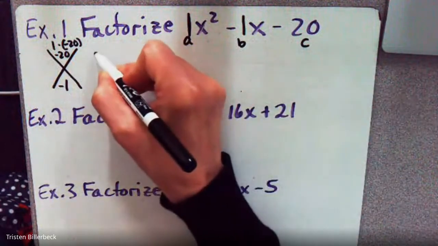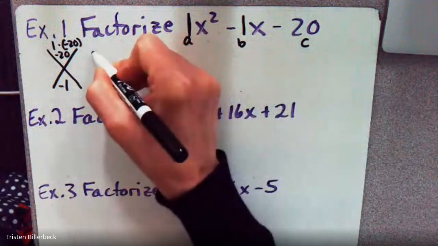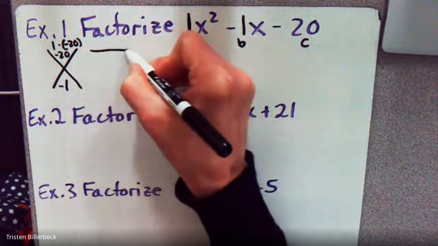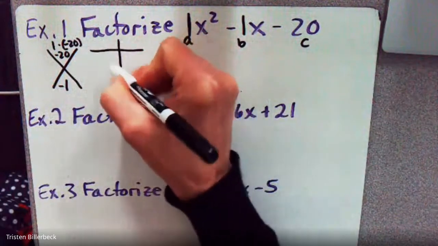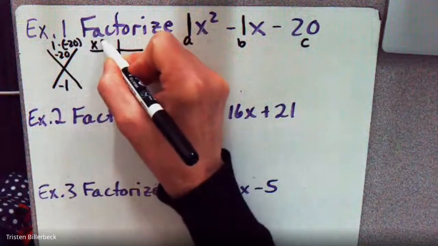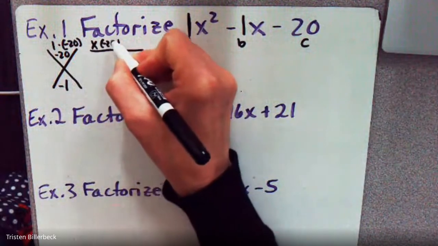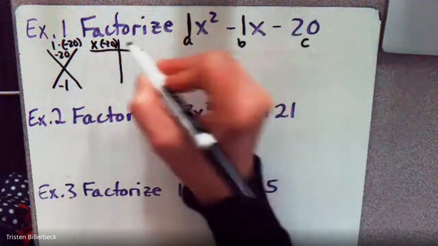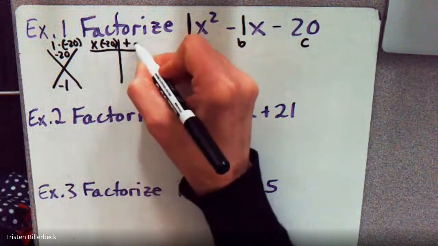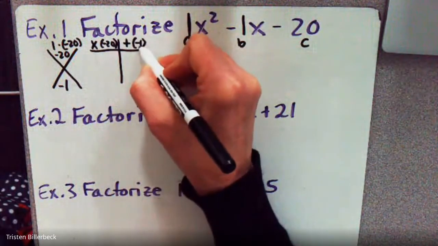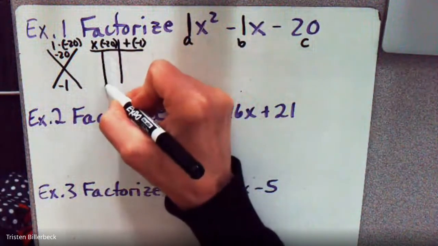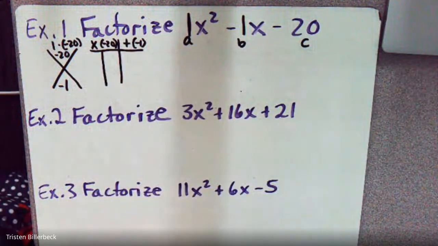Then we ask, what multiplies to be negative 20 and adds to be negative 1? If we don't know, we can do a few things. We can say multiplies to be negative 20, this is my shorthand, by the way, and adds to be negative 1. If you don't have any idea how to do it, you can just start with the basic factors.